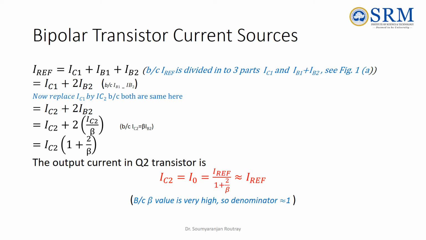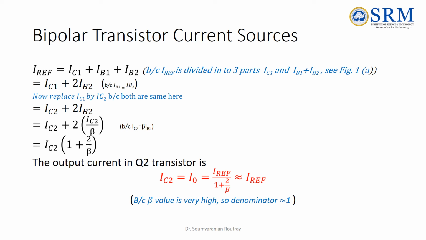So in general we can write IC1 plus IB1 plus IB2. Here also we can see, because I reference is divided into three parts, IC1 and IB1 plus IB2. It is very clear if you refer figure 1a, collector node of the transistor Q1.